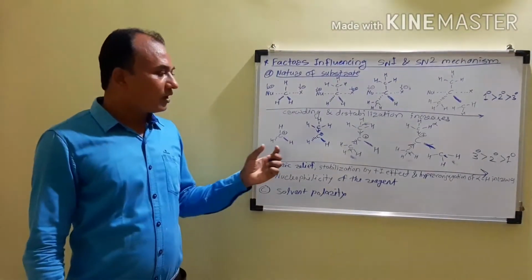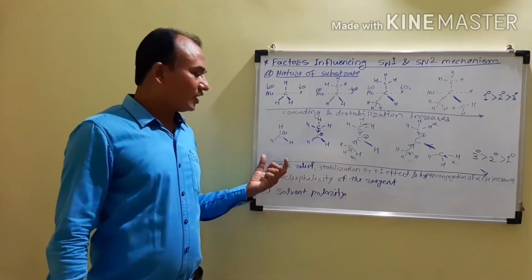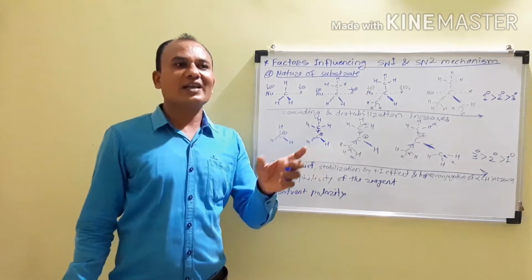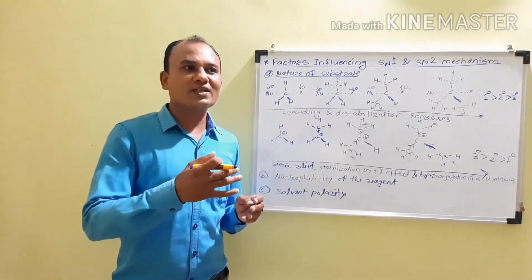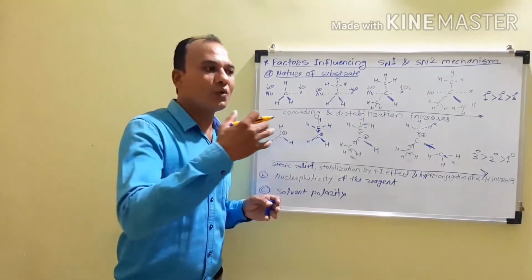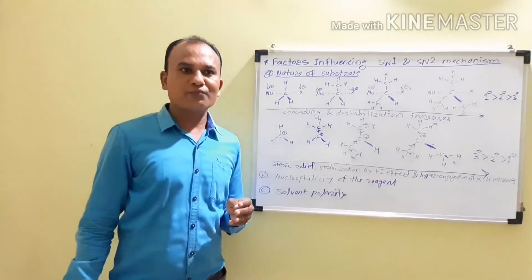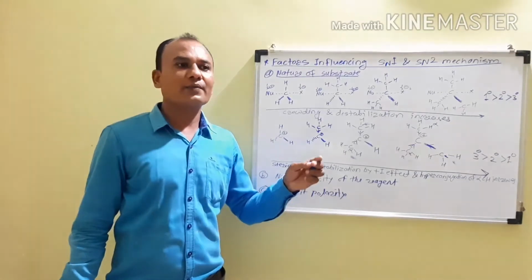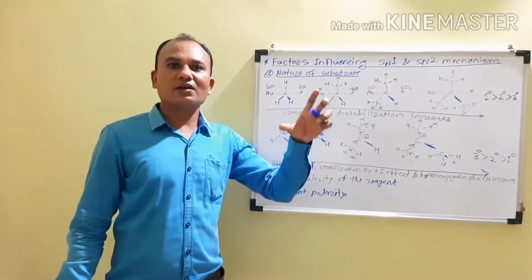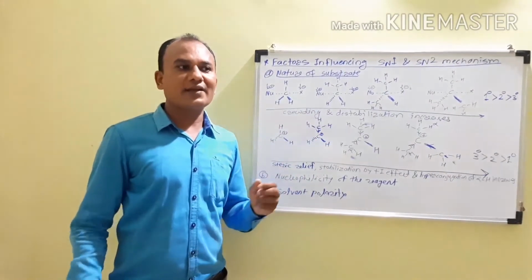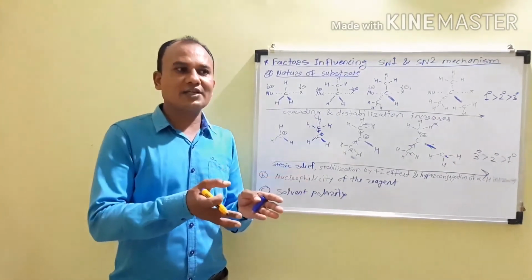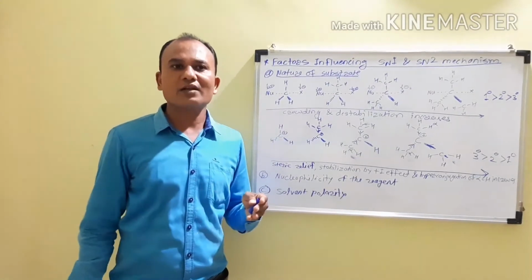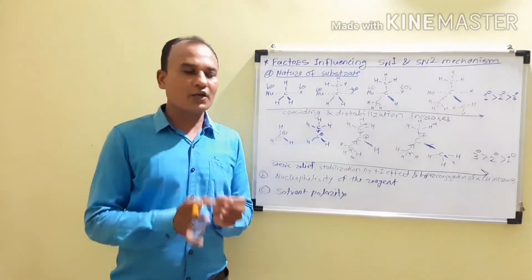Now this nucleophilicity we can represent on the basis of Lewis basicity. It means what is its tendency to lose its electron pair. If any nucleophile has a high tendency to lose the electron pair, it is a stronger nucleophile. And if any nucleophile has a lesser tendency to donate the electron pair, then it is a weak nucleophile.